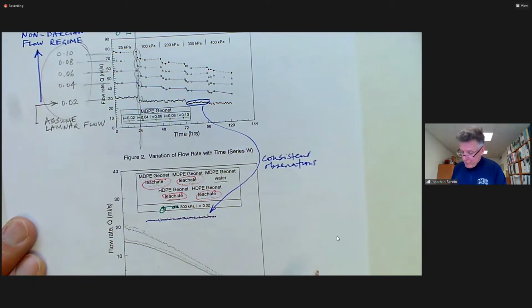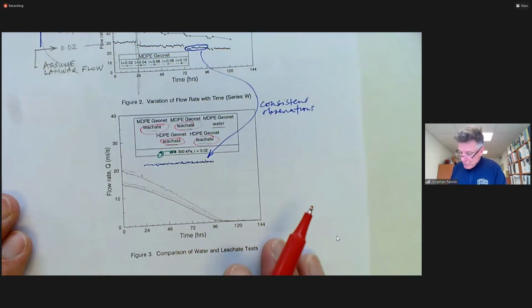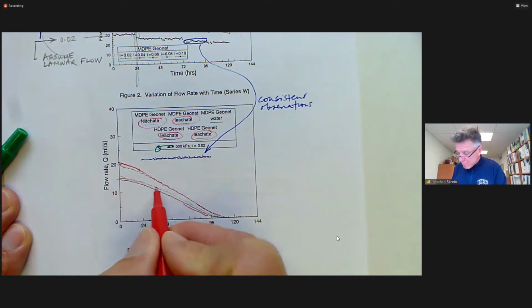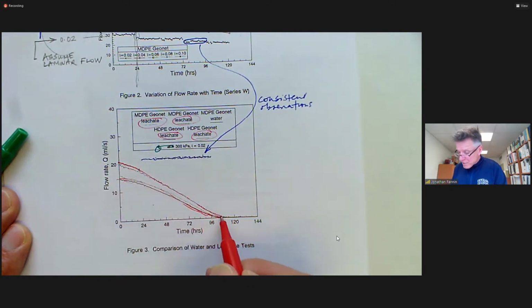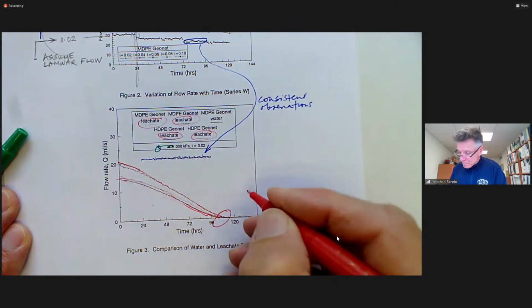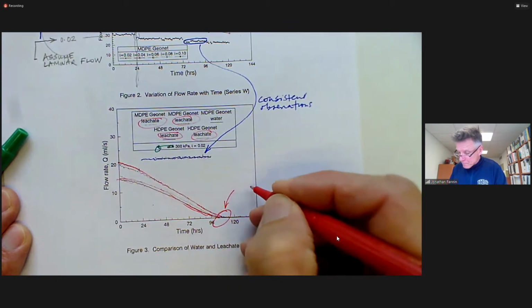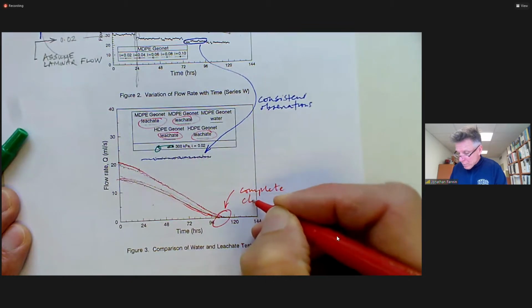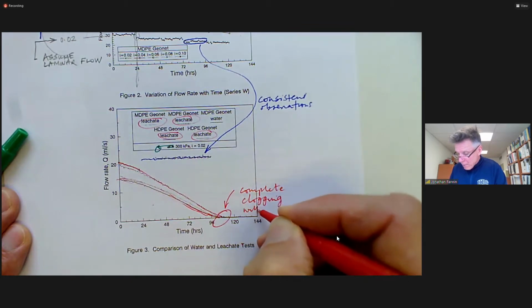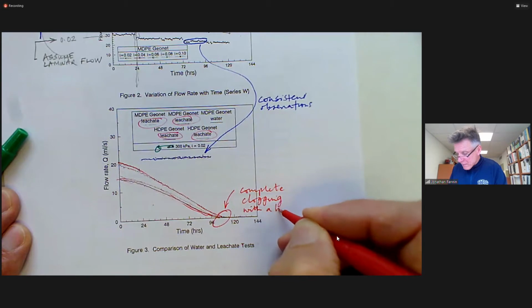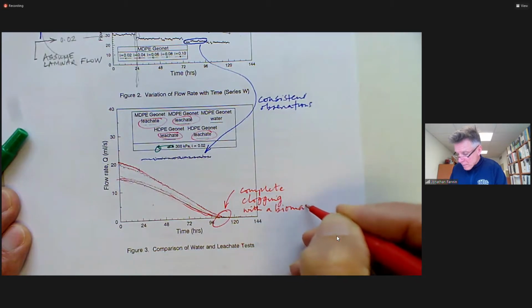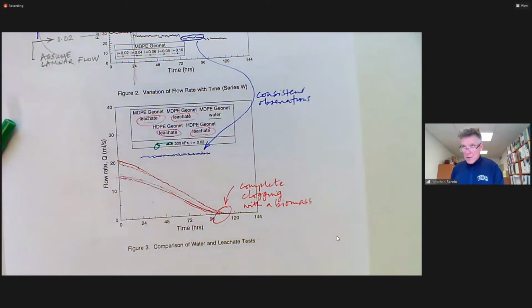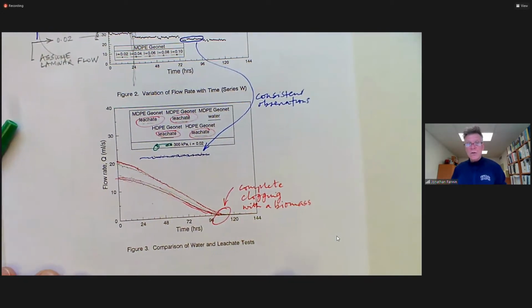And all of those geonets with the leachate flowing through them, the flow rates all drop to 0. It was complete clogging with the biomass. A combination of physical, chemical, but primarily biological clogging.